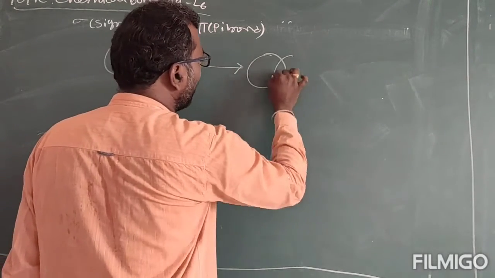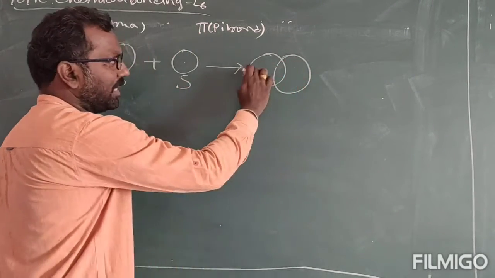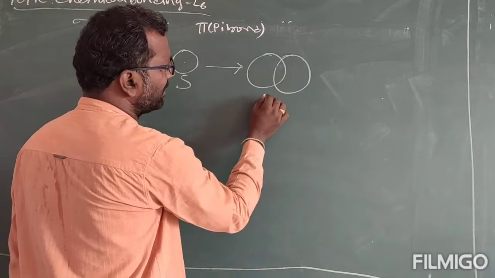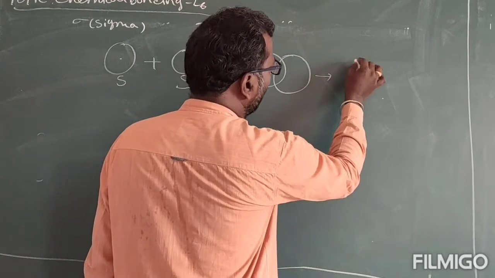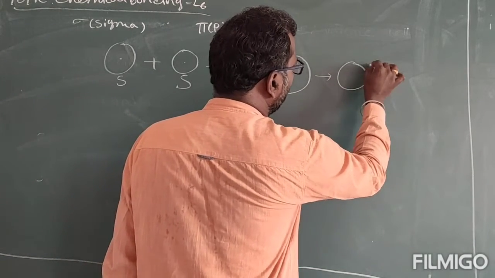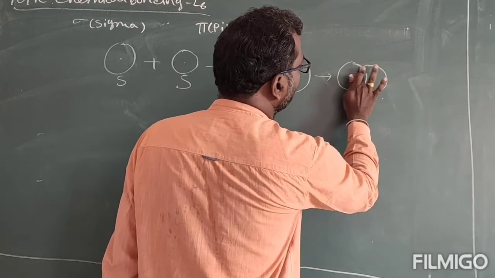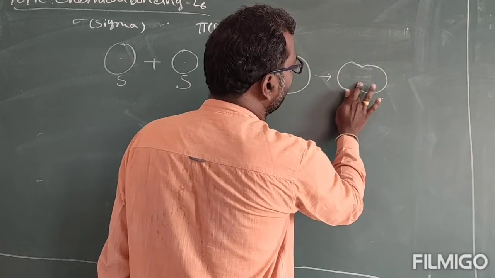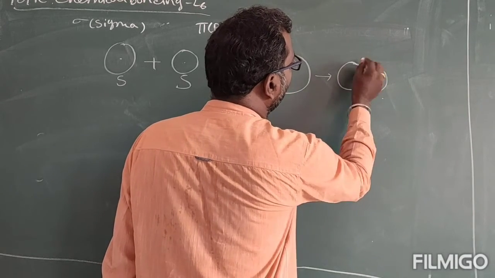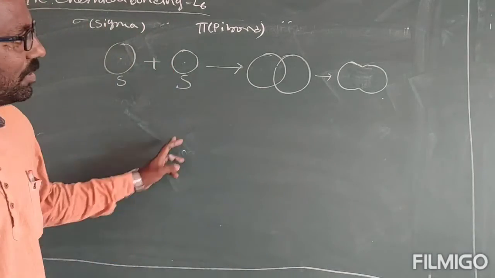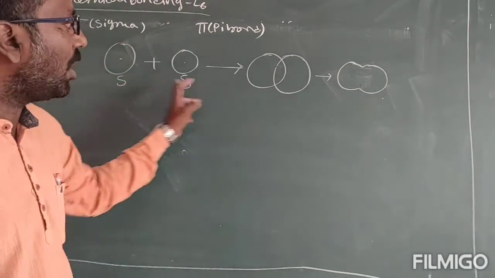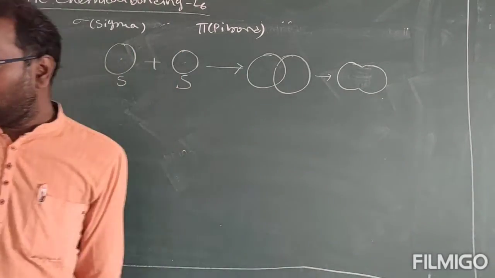They overlap through the internuclear axis, and the shape will be like this. This is called a sigma bond.